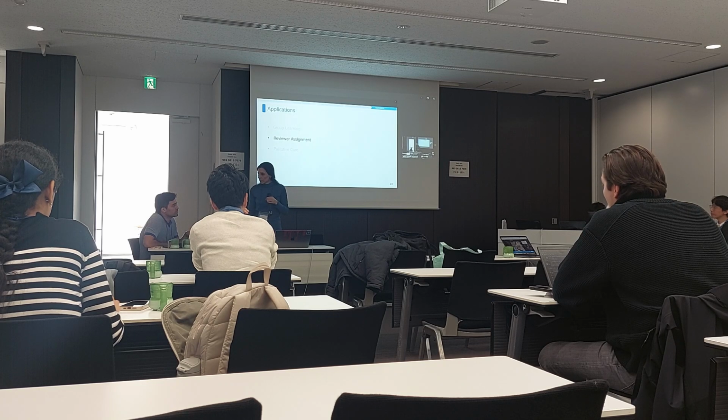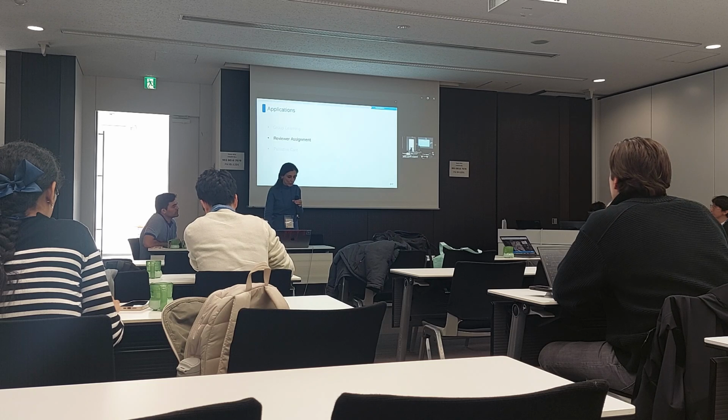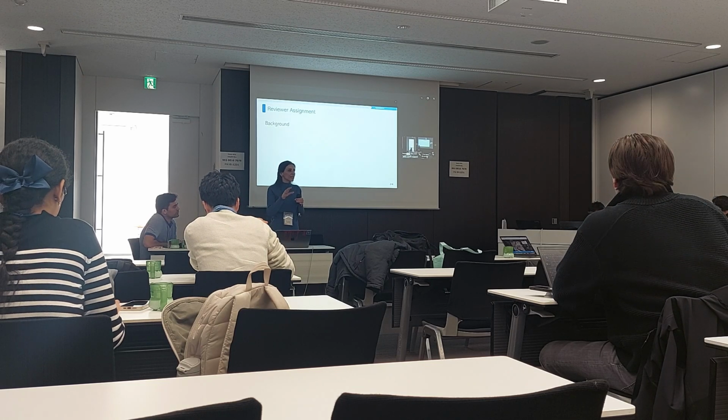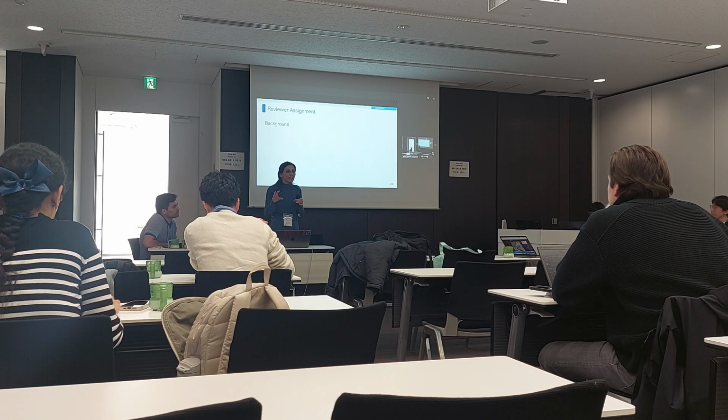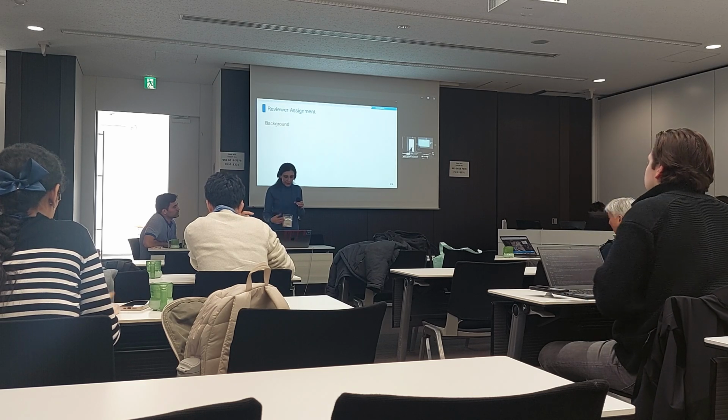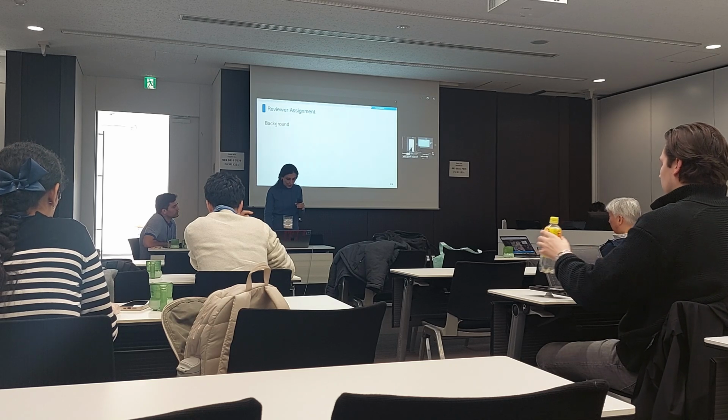So the other application I wanted to mention is reviewer assignment. In academia, it is important how we can select the best reviewer for the papers, and this problem can also be seen as a team recommendation problem, and by applying the algorithm it would be possible to tackle it.